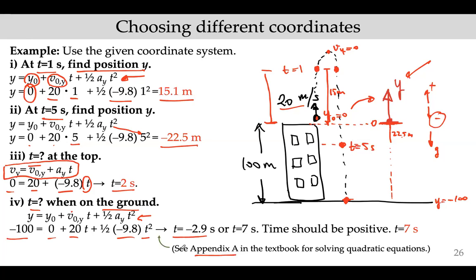It's either -2.9 or it's 7 seconds. Well, time should always be positive, so we omit this possibility. So it can be only 7. That means from the initial position all the way down to the ground, it takes 7 seconds.